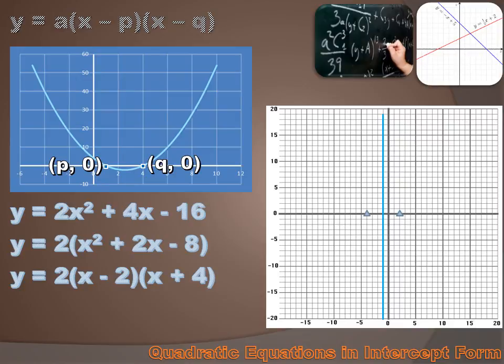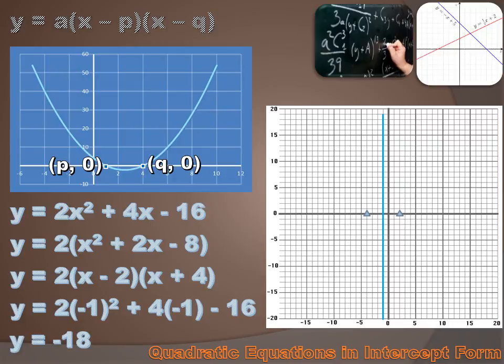The axis of symmetry is x equals minus 1. And if I substituted minus 1 into the original equation, I'd get y equals minus 18. So my vertex is all the way down there at minus 18. And now I can probably graph this equation. And it'd look just like that.